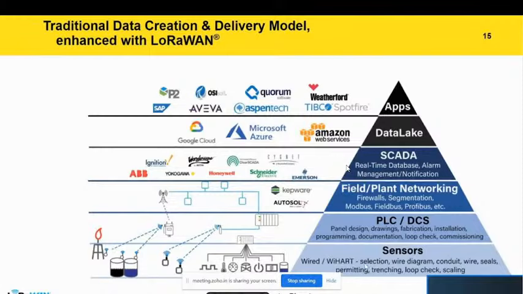We have to do a lot of groundwork for putting in wired sensors. Then these sensors connect to an RTU or a PLC, and then we have PLC and DCS systems, which control the process. On top of this process system we have the field and plant networking, the backbone of the networking, maybe RS-485 networks, Ethernet networks, or optical fiber networks.